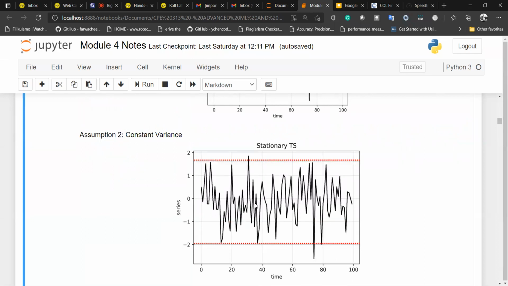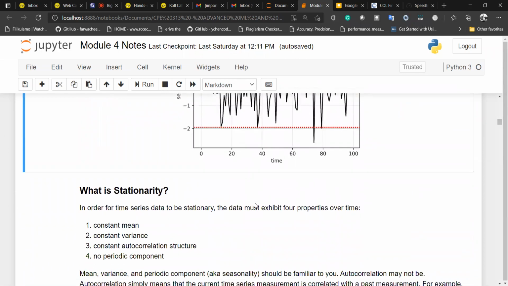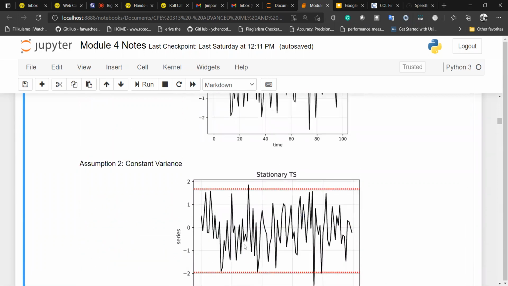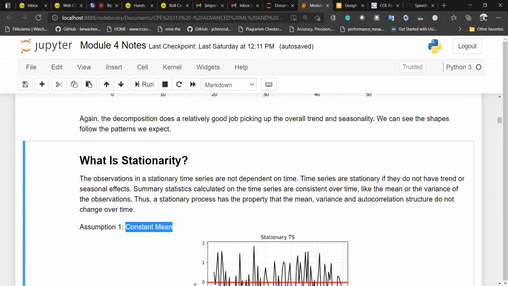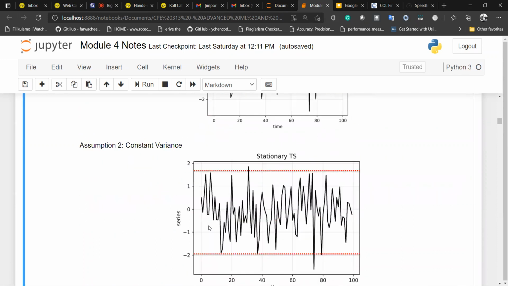So again, what is stationarity? It's called stationary if they don't have trend or seasonal effects.